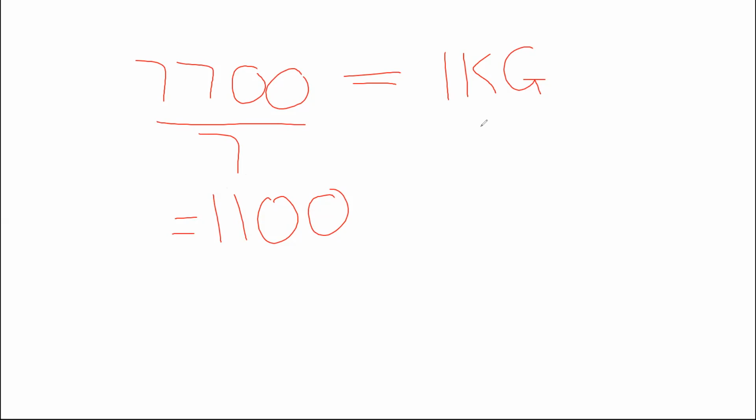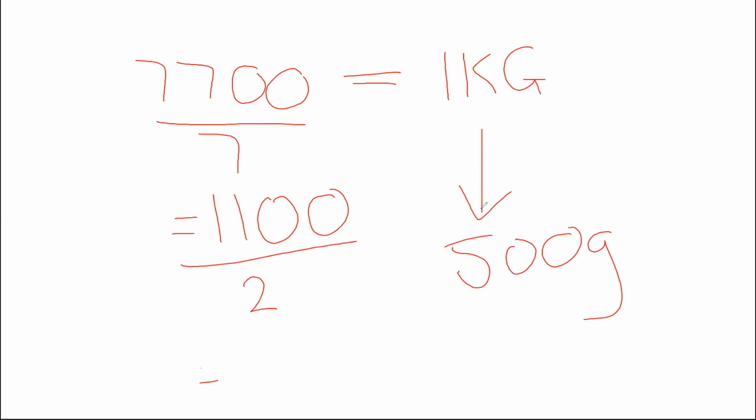Because we're looking at a 500 gram loss, we're then going to divide this number by 2, which is going to give us a deficit of 550 calories per day.